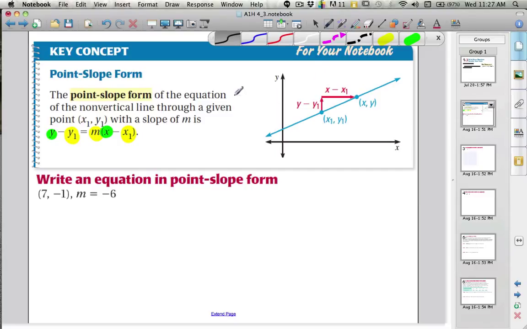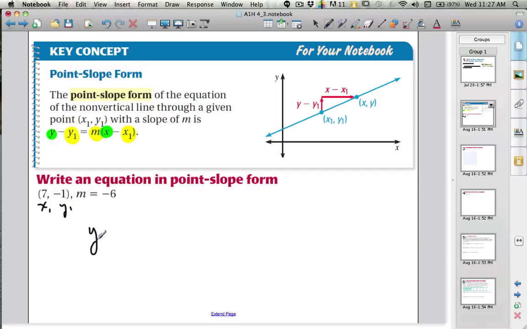What it allows us to do is take the slope, right? If I don't have the slope, if I have 2 points, what changes in point-slope form is how you find slope. In this case, they're giving it to me, and I've got my x1 and my y1.